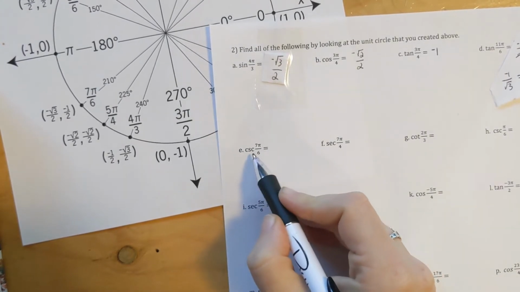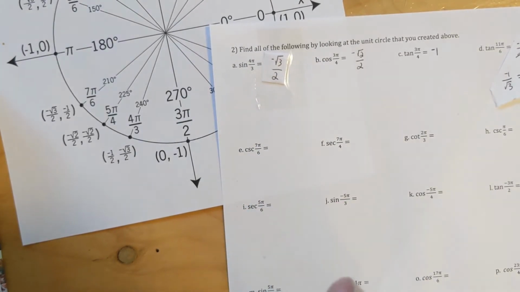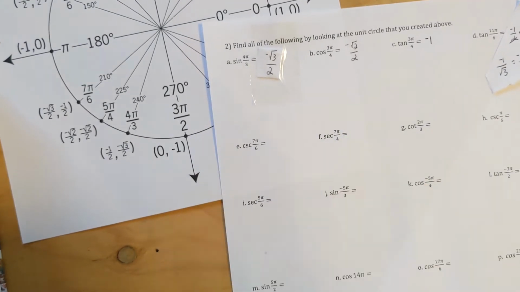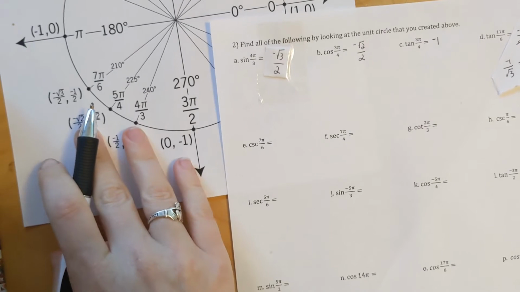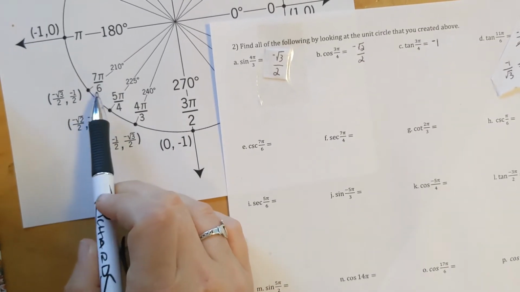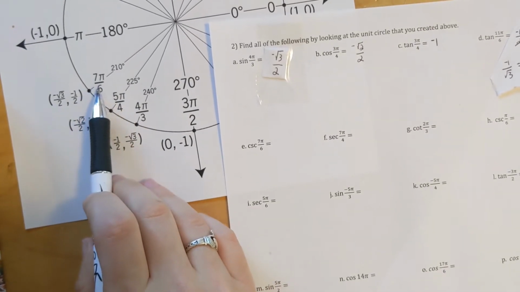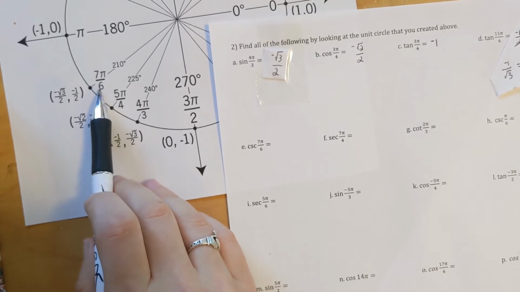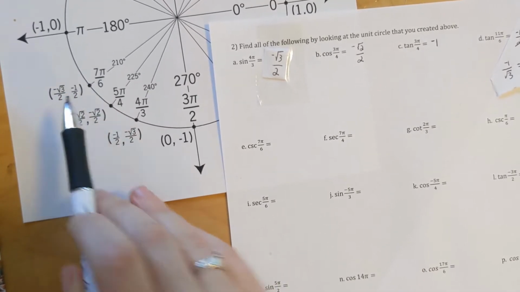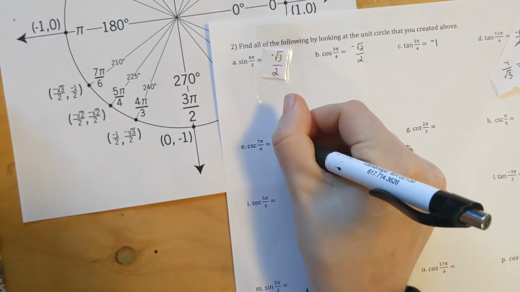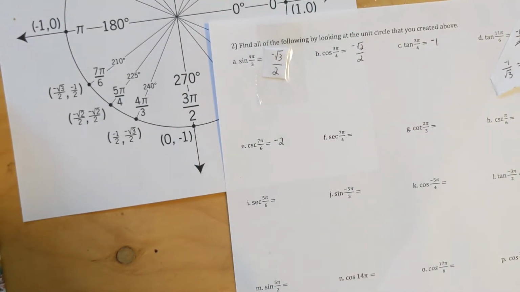So if I know what sine of 7 pi over 6 is, all I have to do is take the reciprocal, and that's going to be cosecant. Here is 7 pi over 6, and sine of that would be negative 1/2. If I take the reciprocal, you just get negative 2, and that's your answer.